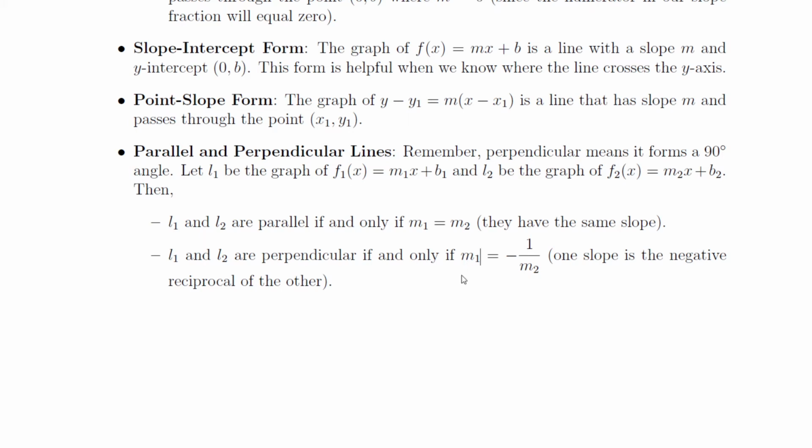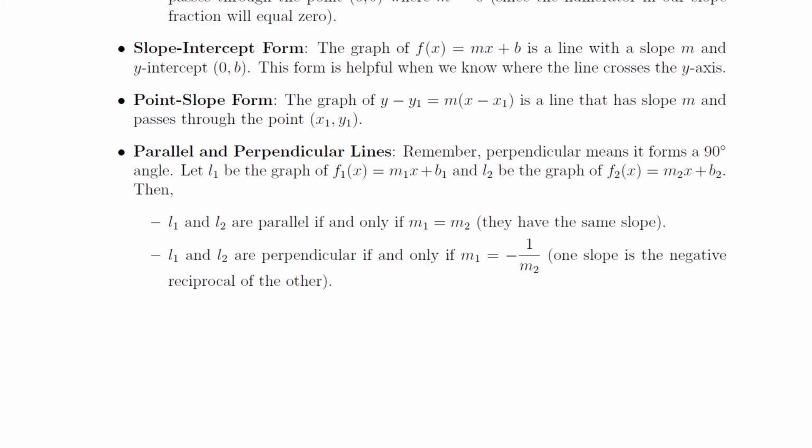For example, the negative reciprocal of the slope negative 3/4 would become positive, and the slope would become 4/3. That would mean those two lines are perpendicular to one another. We'll go through an example so hopefully you can see what I'm talking about.